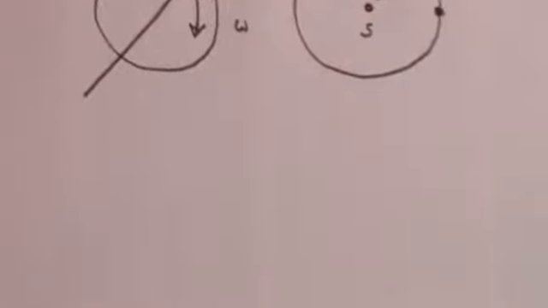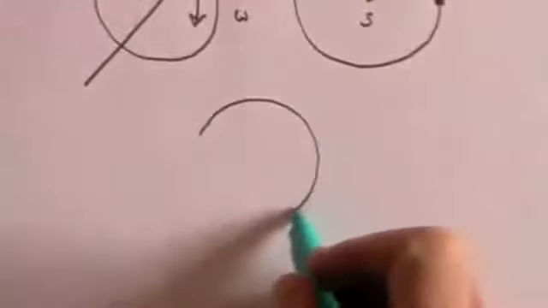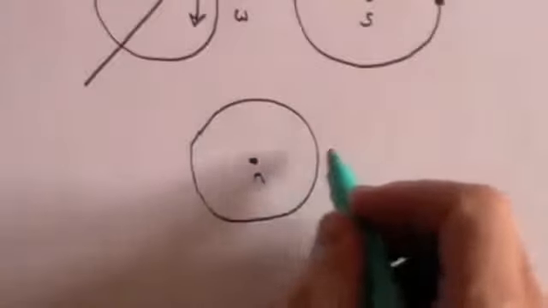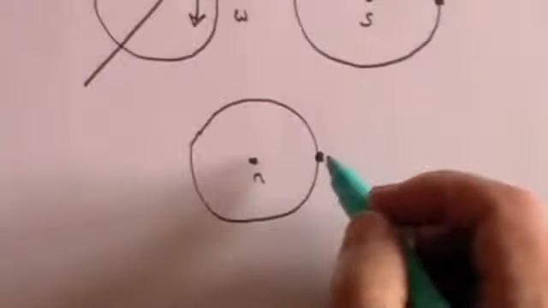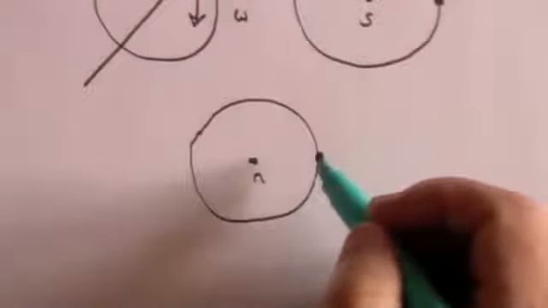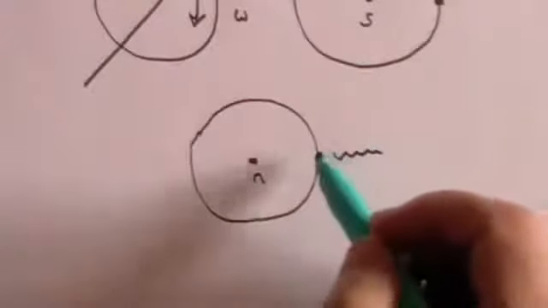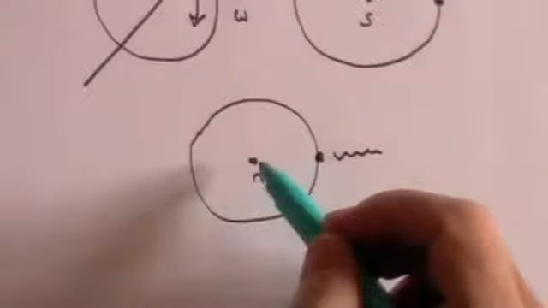Now I just want to remind you of a diagram drawn several times before and doubtless will be drawn again: the problem of an electron orbiting a nucleus. There's the nucleus, there's the electron. What we said was that if you think of that electron as a particle orbiting, it is essentially accelerating as it orbits, and an accelerating charged particle would radiate energy away, and as a consequence it would spiral into the nucleus and the whole atom would disintegrate.